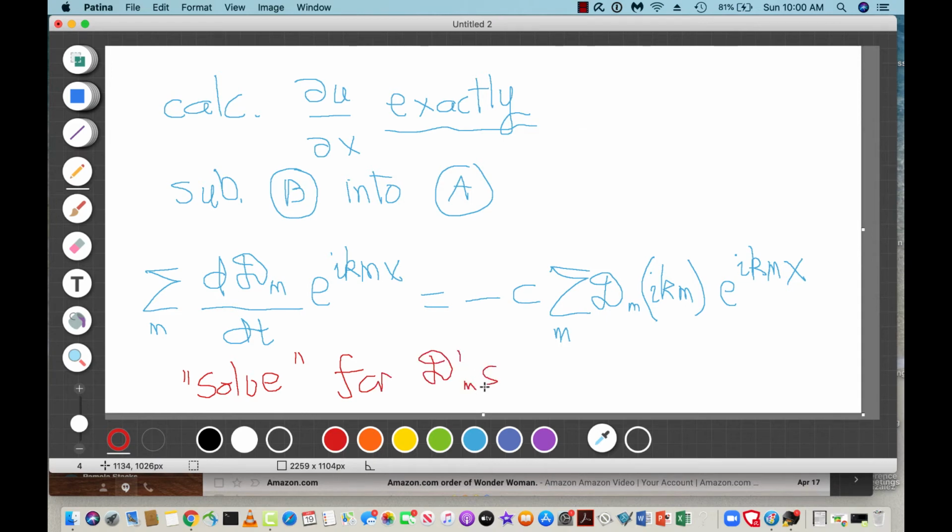Okay? And you cannot go through cancelling here. I know it's tempting to do that based on every math thing you've ever done, but you can't cancel the e to the i k_m x and the sigmas and all that kind of stuff. You have to be slightly more careful.